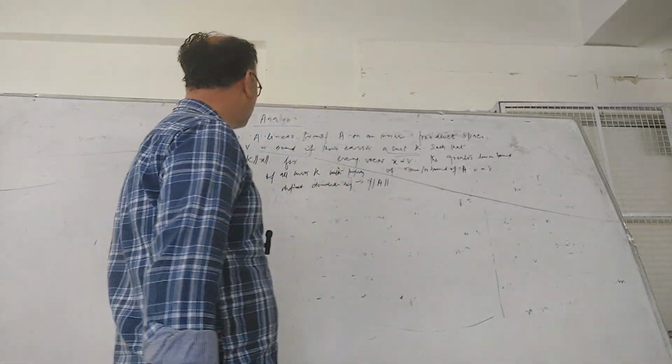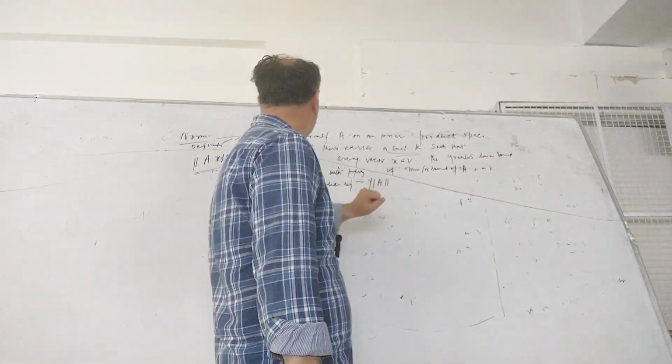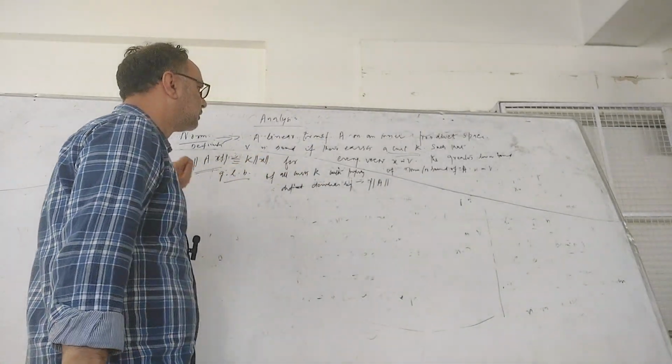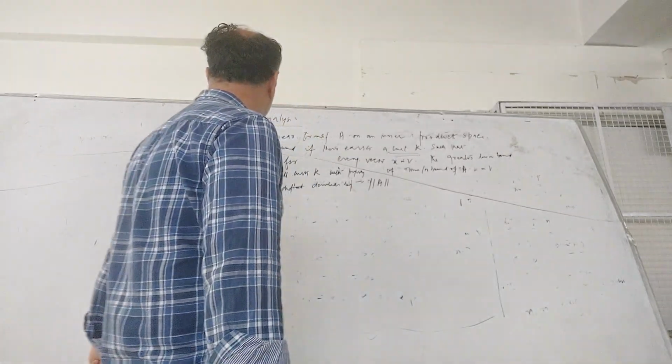The greatest lower bound of all constants K with this property is the norm of A, denoted by the modulus of A.